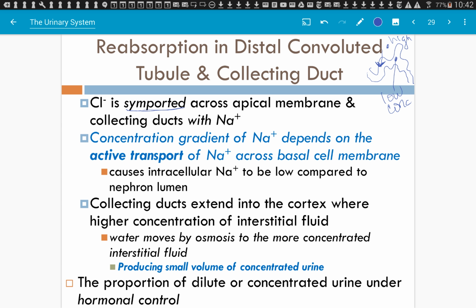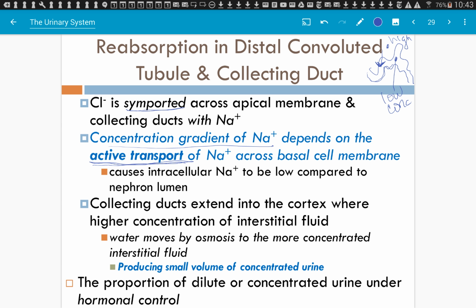And so the concentration gradient of sodium depends on how much can actually be transported into the tube. How much can be transported across that basement membrane, that little membrane that forms the outer wall of the distal convoluted tubule. So because we have active transport of sodium into the cell, that leads to the concentration difference changing.